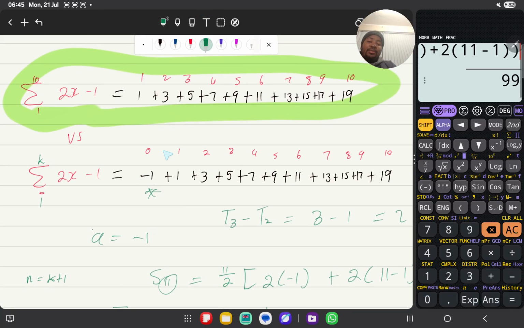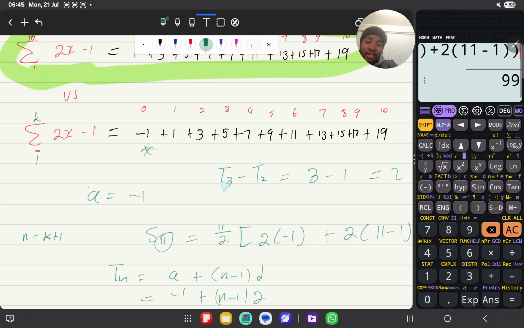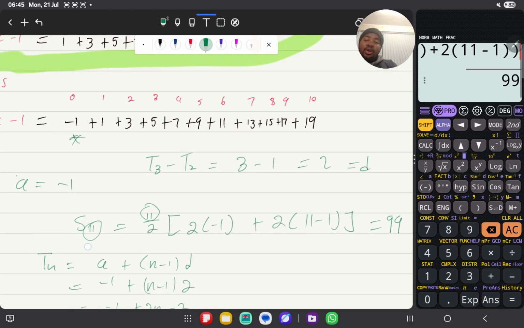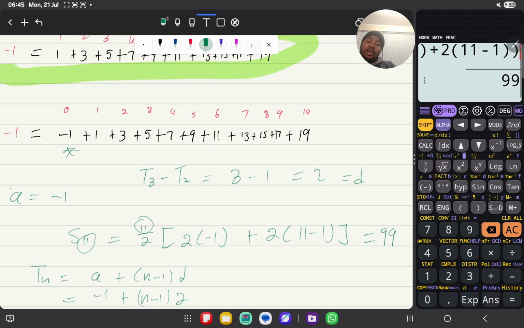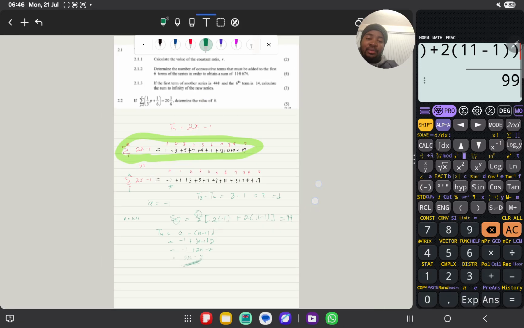But in terms of the number of terms that are there, we had 11 terms. And when we count the numbers here, we have 11 numbers, and we use the Sn formula. We get the exact same value we got when we use the summation on the calculator, which is 99. Remember, this one we got 100, this one we got 99. You see? Cool.